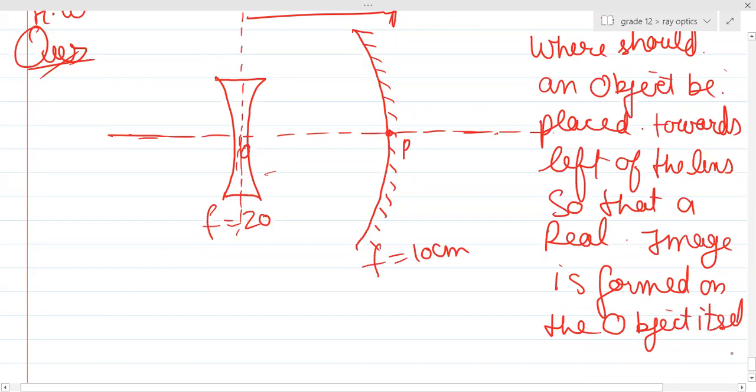But basically you need to assume that, let us say, this is where the object is placed. Let's name the object as A, and the object is placed at a distance of x away.